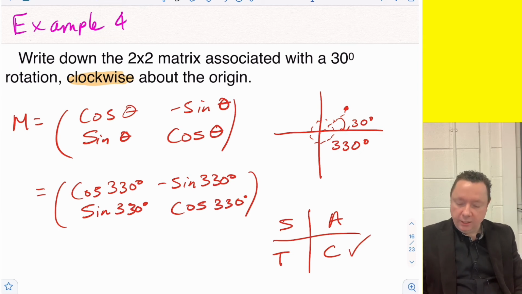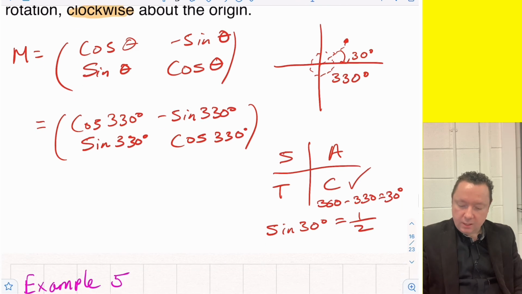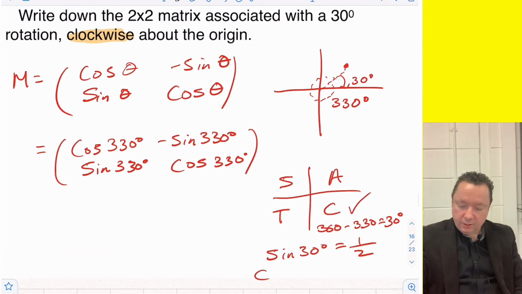So our associated angle, 360 minus 330, is equal to 30 degrees. So if we work out the sine of 30, which is an exact value, that's just a half. And the cos of 30 is also an exact value. That's root 3 over 2.